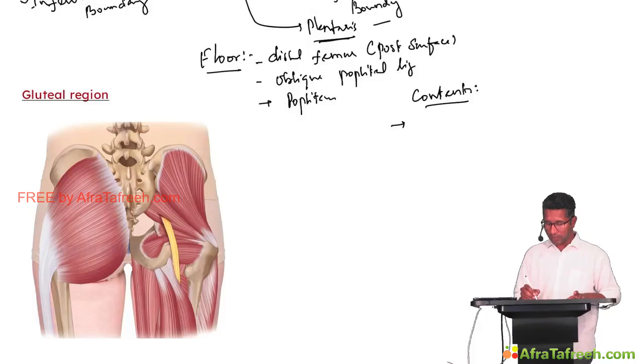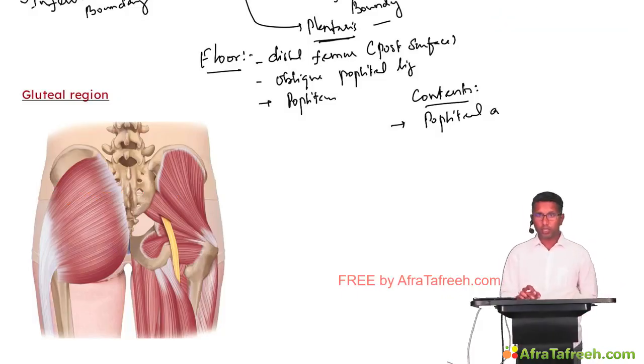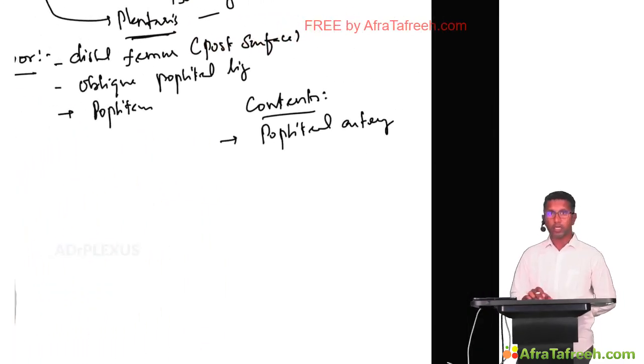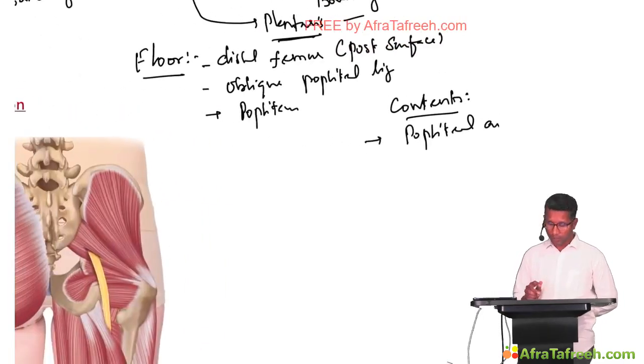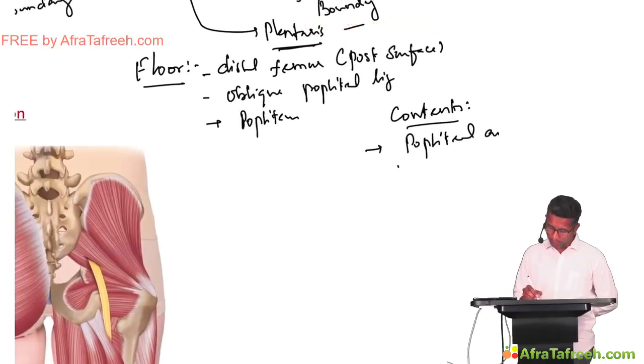The first content is the popliteal artery. Popliteal artery is nothing but a continuation of the femoral artery. Next is the popliteal vein.